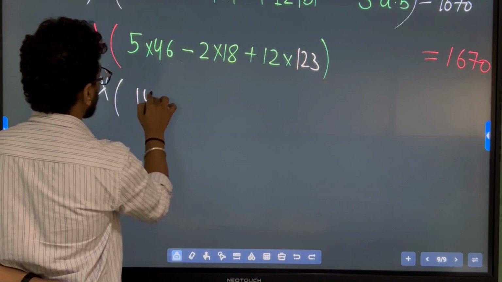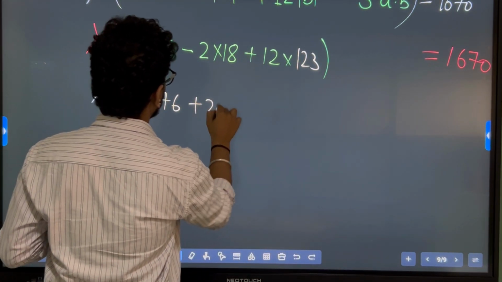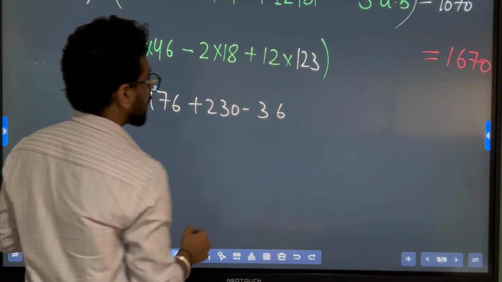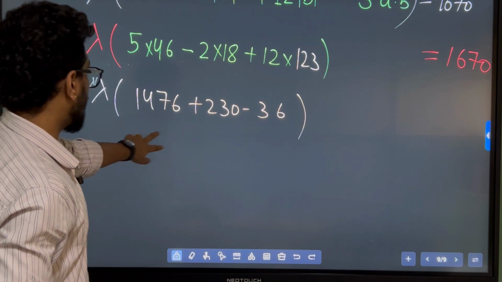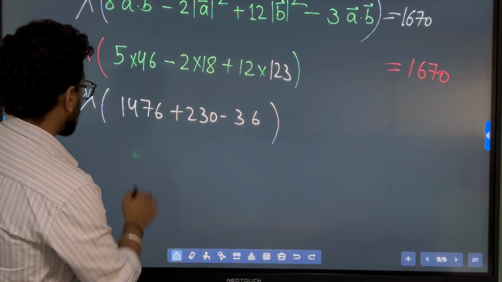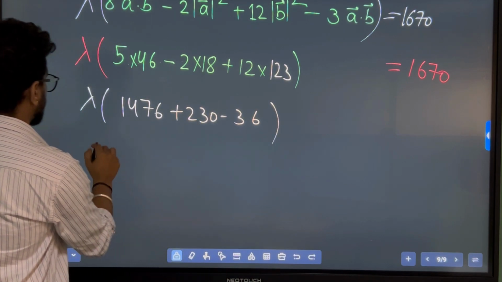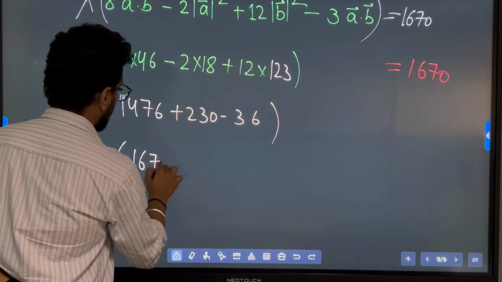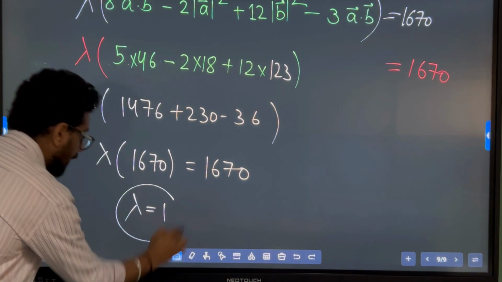This is equal to 1440 minus 36... So 1400 and 1670. Yes, we will have 1670 is equal to 1670. Lambda came out to be 1.